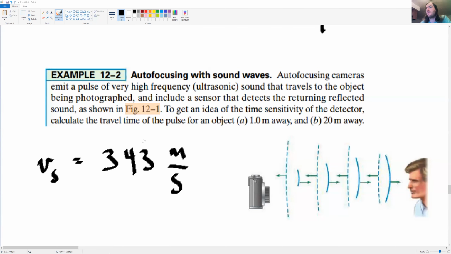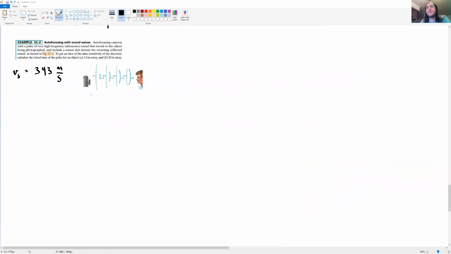Let's go ahead and take a closer look here at this problem now. So I'm going to zoom out. Let's go over the question now together. So the key here is recognizing that the ultrasonic sound has to travel to the object and then back to the camera.